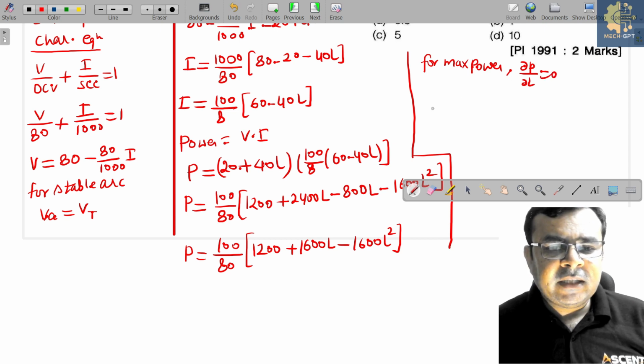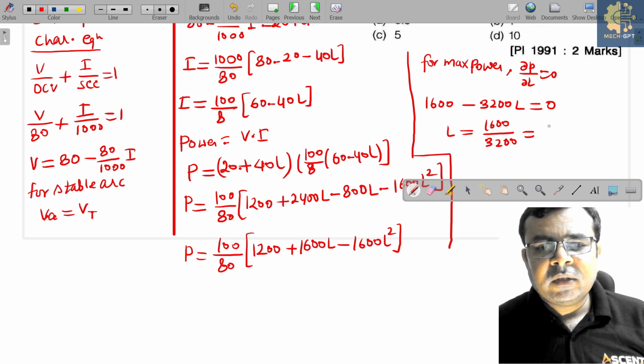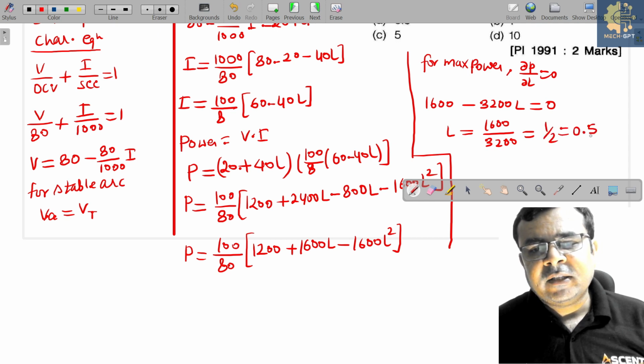If you differentiate this expression, we get 1600 minus 3200 L equals 0. From this we get L equals 1600 over 3200, this is 1 by 2, or simply you can say 0.5 centimeter.